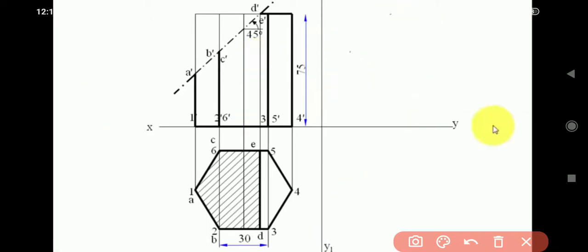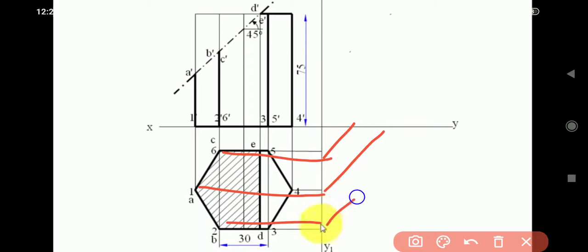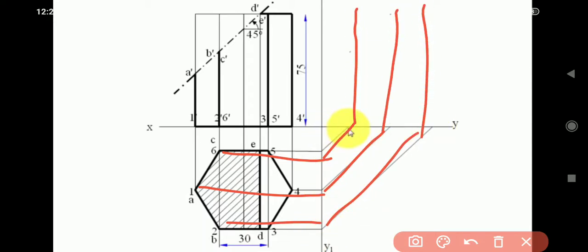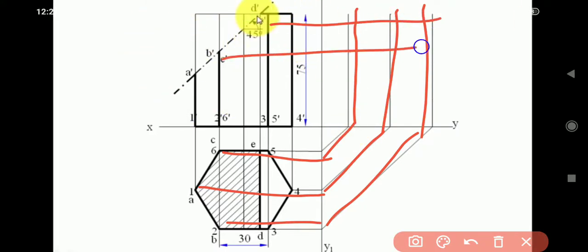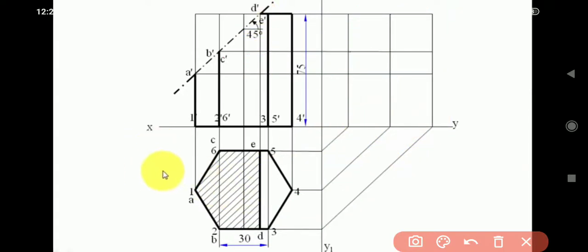For that we need to extend these top view base points like this, and then 45 degree lines, and then 75 mm length, and from this sectional plane you can draw all the horizontal parallel lines and give the points to the base points 6, 1 and 2 over these base points.